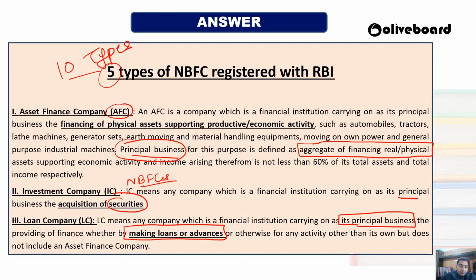That means they do not do the work which the asset finance company does. Whatever other things require loans, they do that kind of work. People might get confused between the asset finance company and the loan company. So there are particular things for which the asset finance company gives loans, and there is the loan type of NBFC under which the loan company gives a special type of loans.